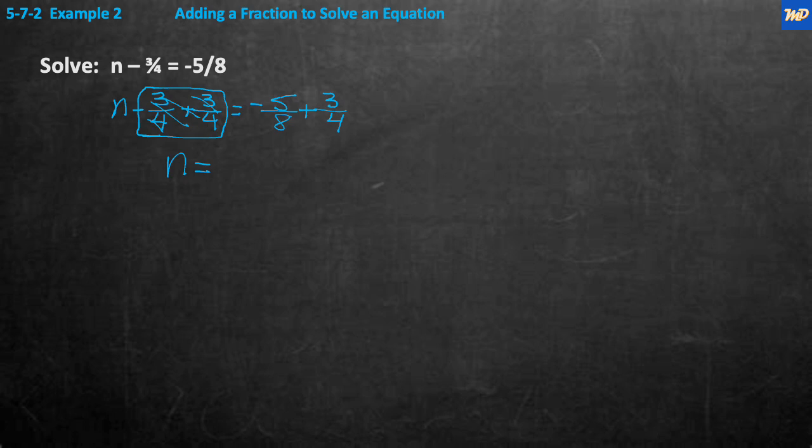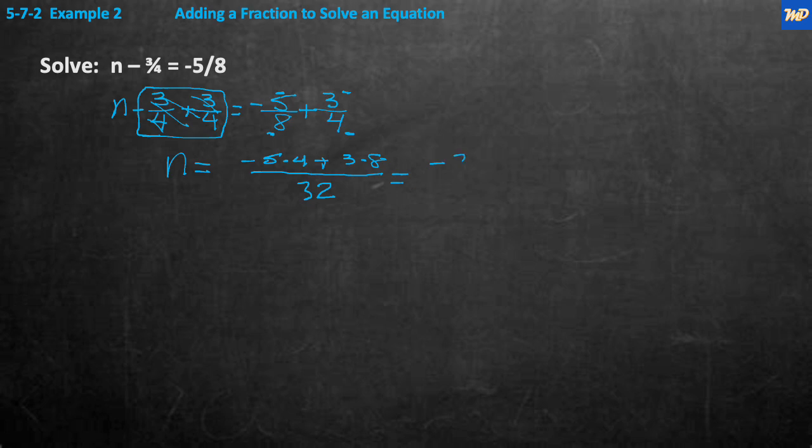So it ends up being equal to negative 5 times 4 plus 3 times 8. The 5 goes up here in the numerator, with the 4 from the denominator of the 3/4. The denominator of the 8th gets multiplied by the numerator 3 from the 3/4. And all of that is over 32.